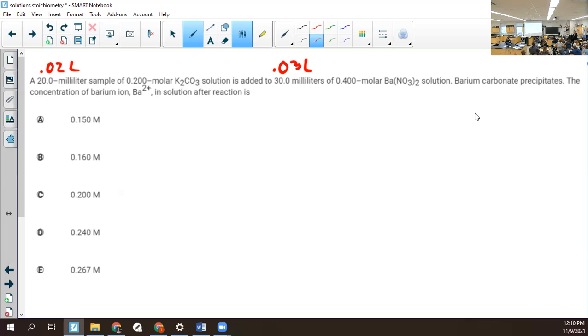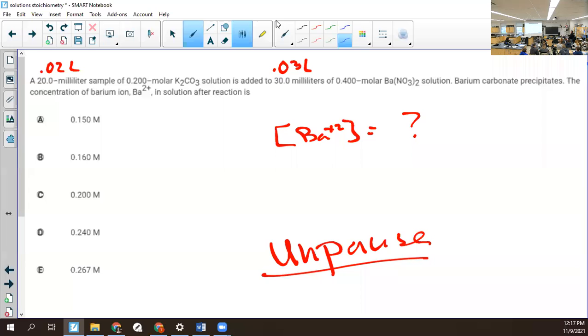Barium carbonate precipitates, sorry. The concentration of Ba plus 2 in the solution after the reaction is, so all this is asking for is the concentration of Ba plus 2. Okay, have at it. I'm going to pause this because this will take a few.